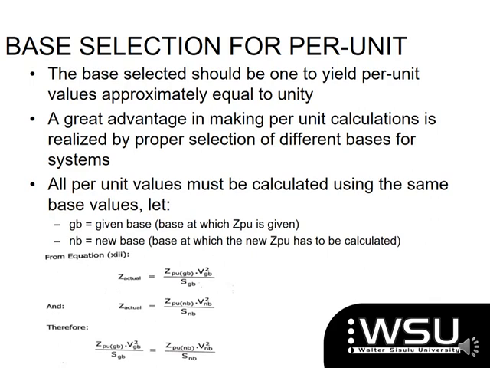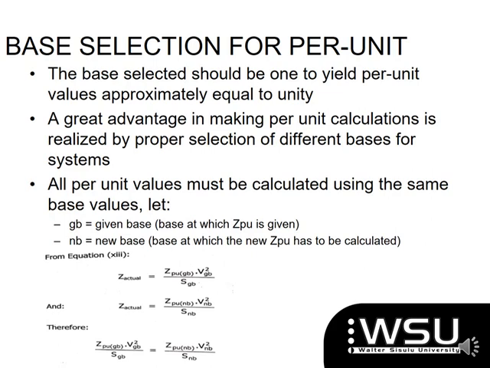So that would be the 50 MVA, and you can utilize that. So that's the first rule. The second rule is you can combine those bases and utilize that as your base value. But then you would have your values being too fractionalized.